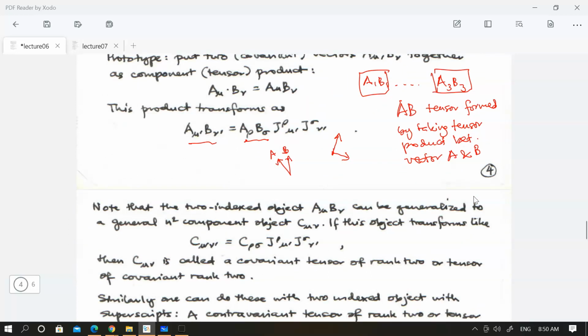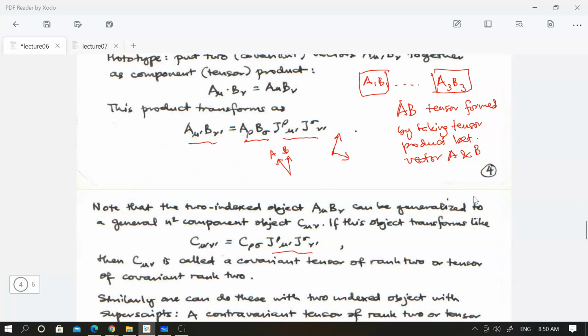Generally, one could have any object which has two indices at the bottom, just like over here, and it transforms in the same way as this one.